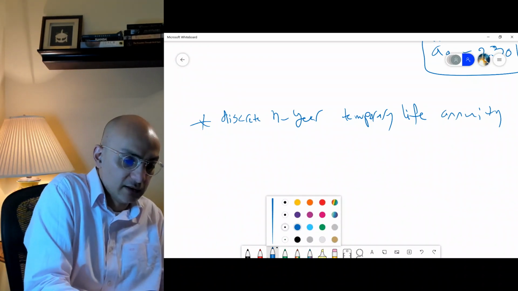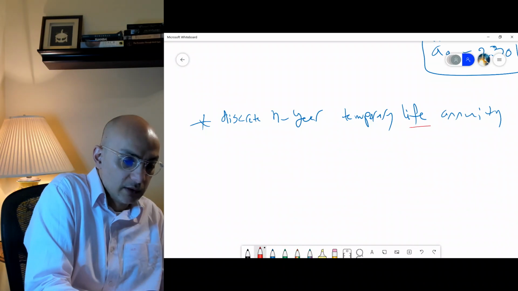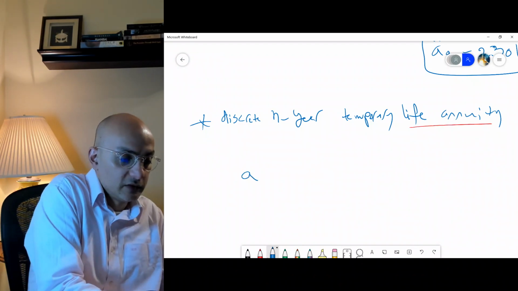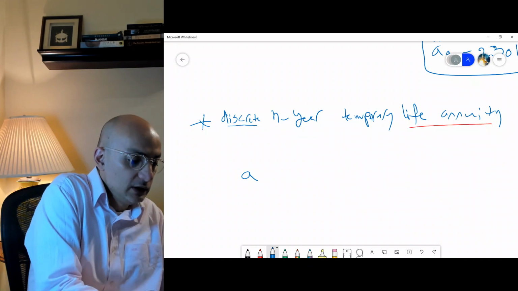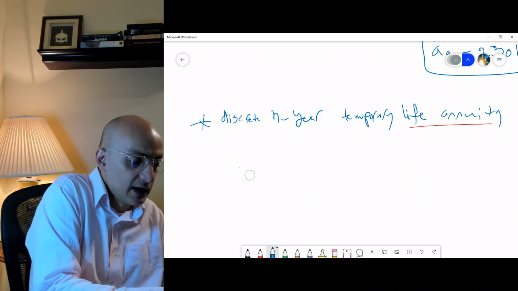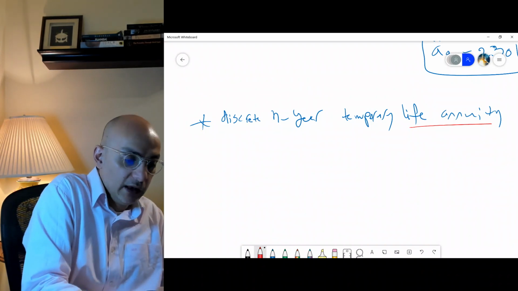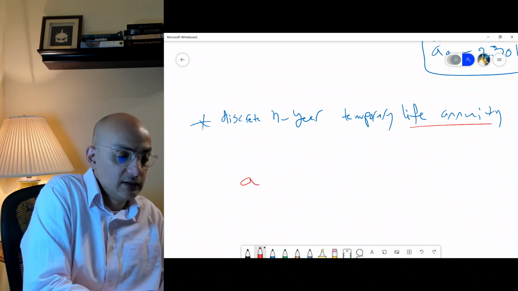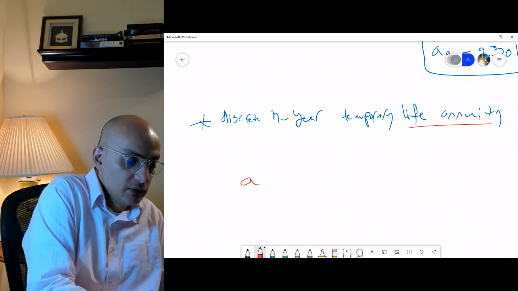Let's translate it. Let's start with this one. Life annuity. It means we're looking at a discrete, it means we need 2 dots. You know what? Let me use different colors so we can see how I do it. For the life annuity is A, right? Now it's discrete, and because it's life, we give it X, right?